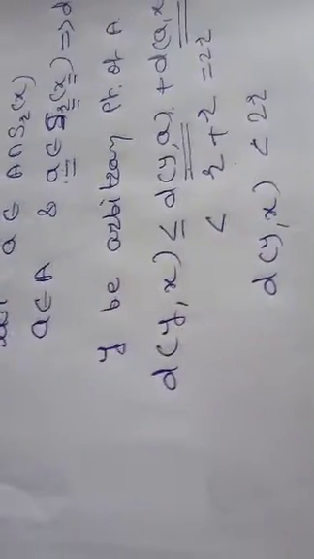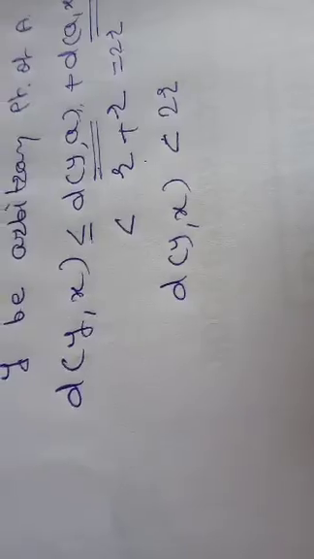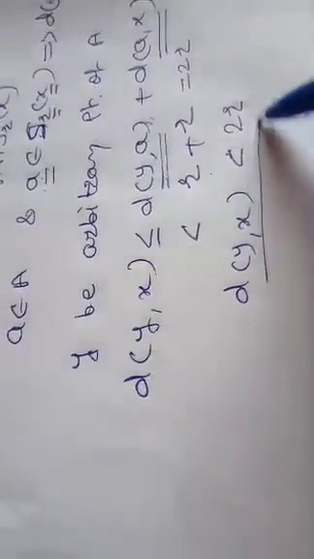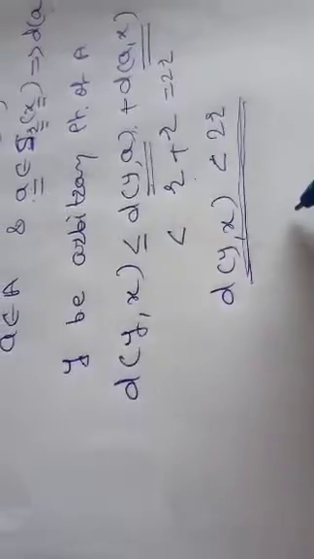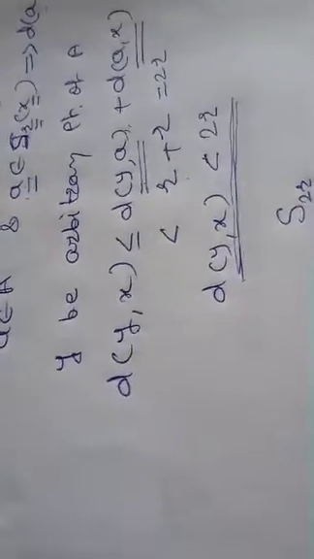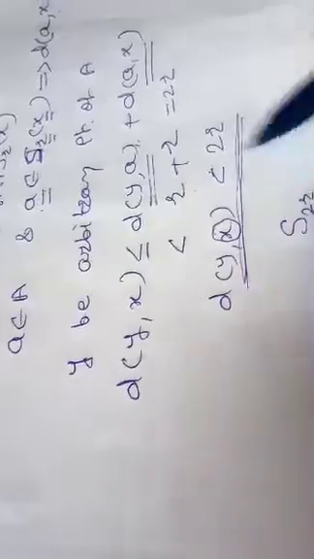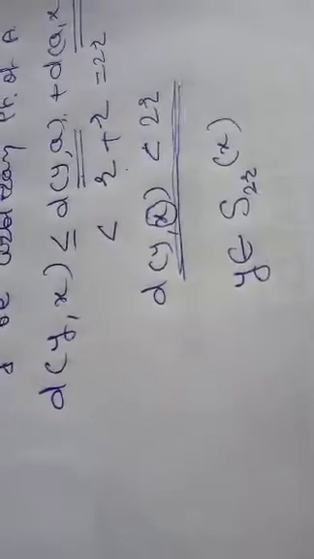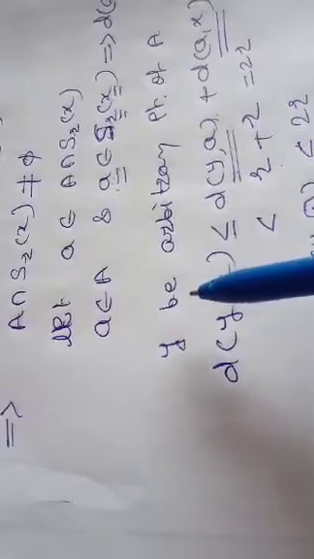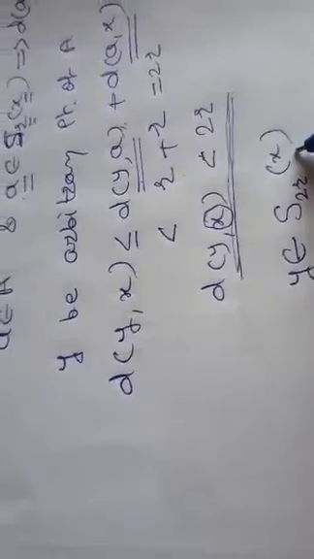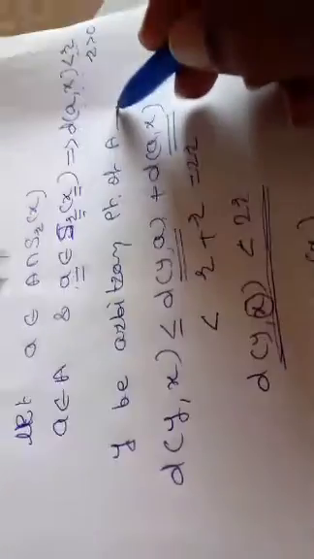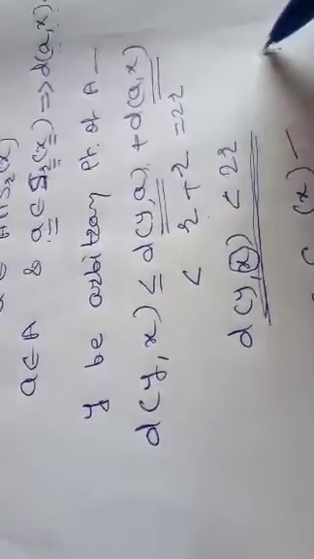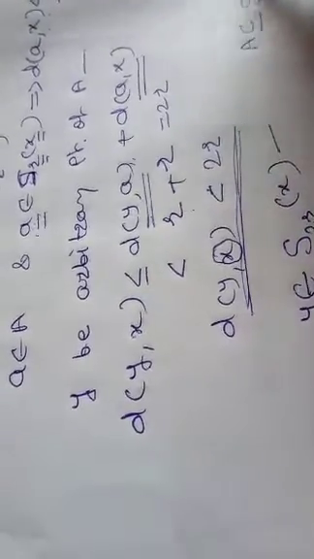Now we have to write this in terms of open sphere. Here the radius is 2r, the center is x, and the remaining is the point y. So y belongs to S_2r(x).